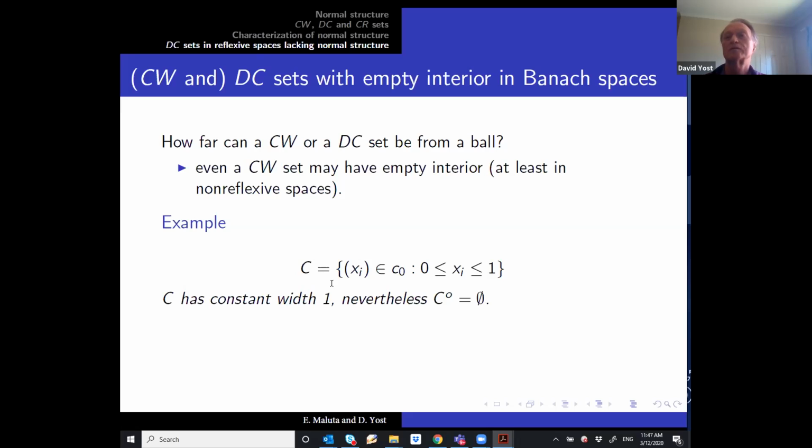So all the sequences which converge to 0 and which only take values between 0 and 1. This set has constant width, but it's not a ball. It doesn't have a center. The point that you expect to be the center is not in the space because there's no sequence that converges to 0 that could be the center. And in fact, this set has empty interior.